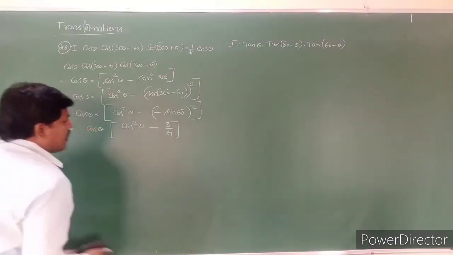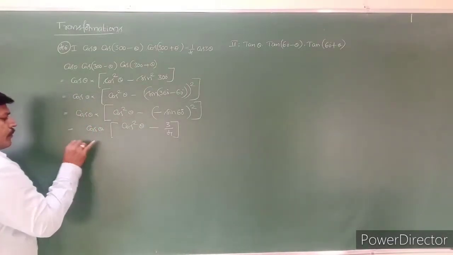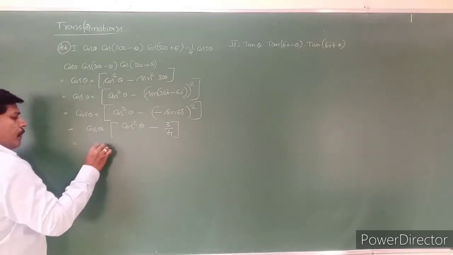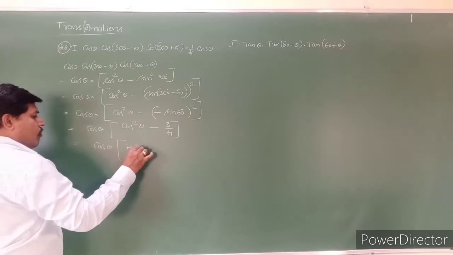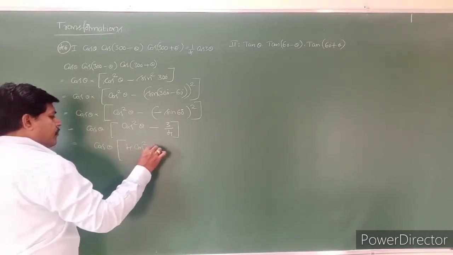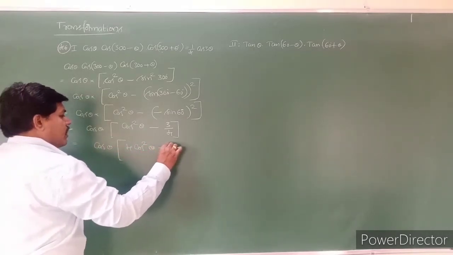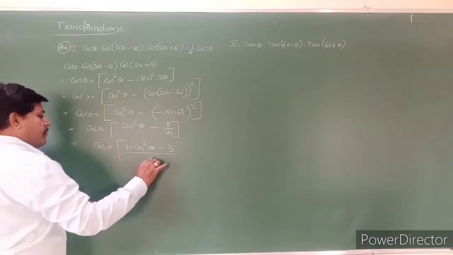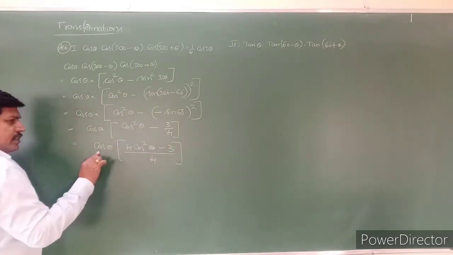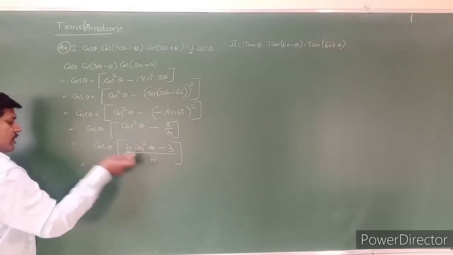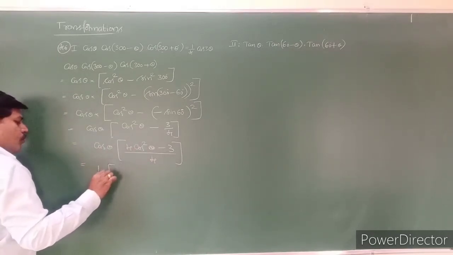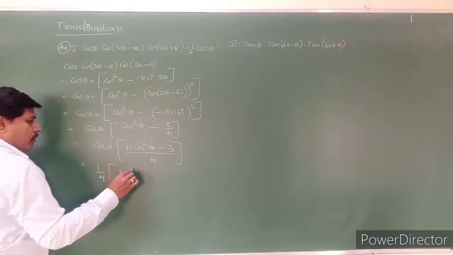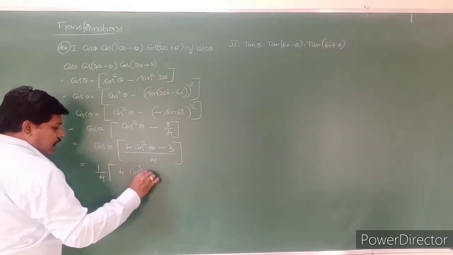If you take the 4 LCM, it will become cos theta into, take the LCM here, (4 cos square theta minus 3) by 4. Take this 4 outside and you will get 1 by 4 into 4 cos cube theta.